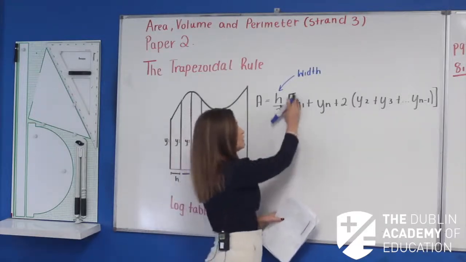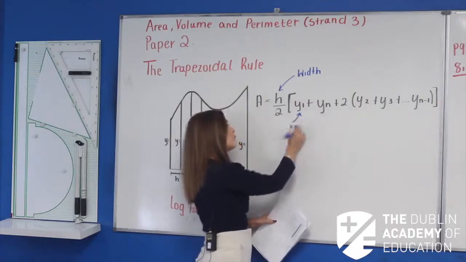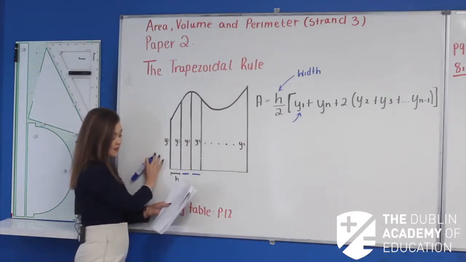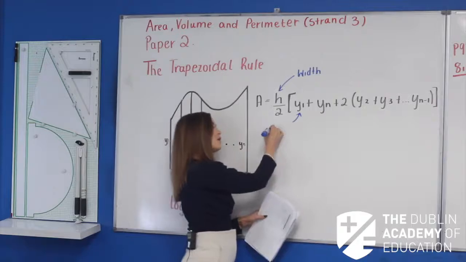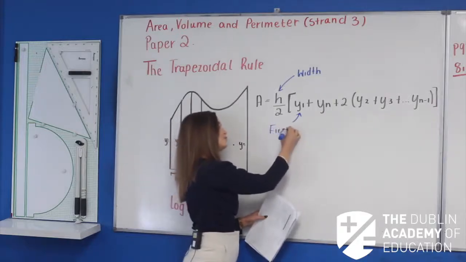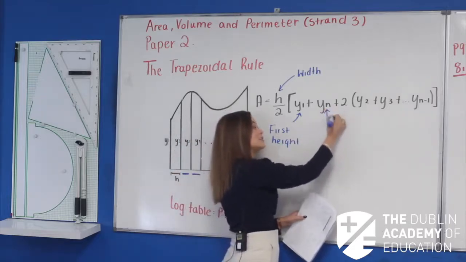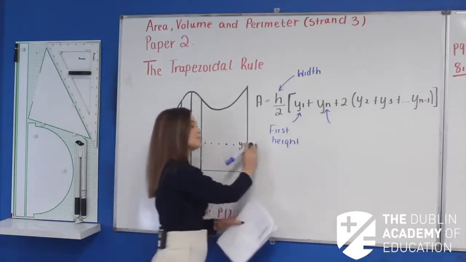Over 2, square bracket, y1. y1 is always going to be my first height. yn is, as you'll see here, my last height.